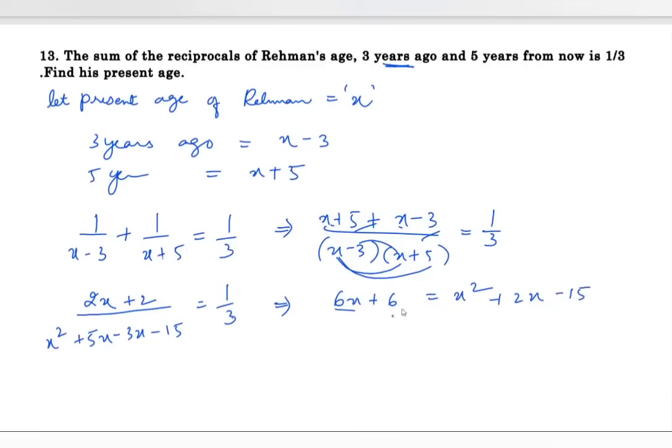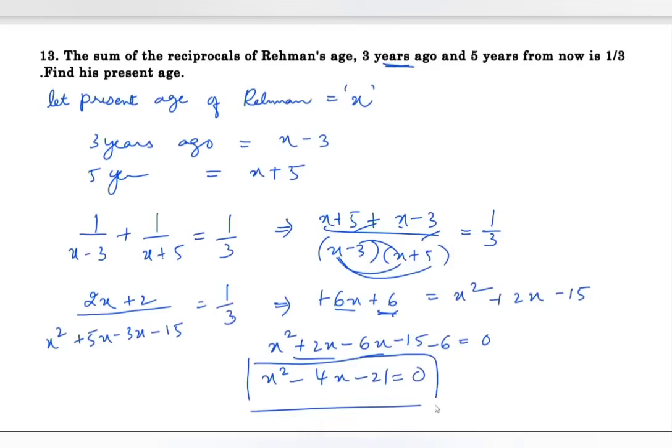Now shift all the terms to RHS. x square plus 2x, plus 6x, after shifting it becomes minus 6x, minus 15 plus 6, after shifting it becomes minus 6, equals 0. Now x square, 2x minus 6x is minus 4x, minus 15 minus 6 is minus 21, equals 0. It is the required quadratic equation.